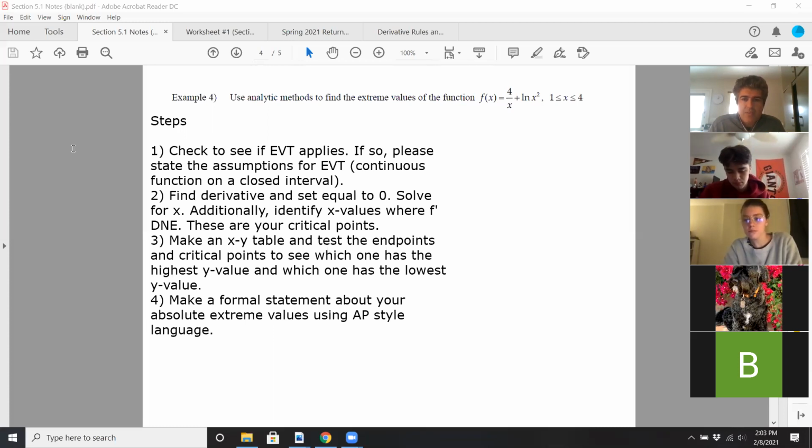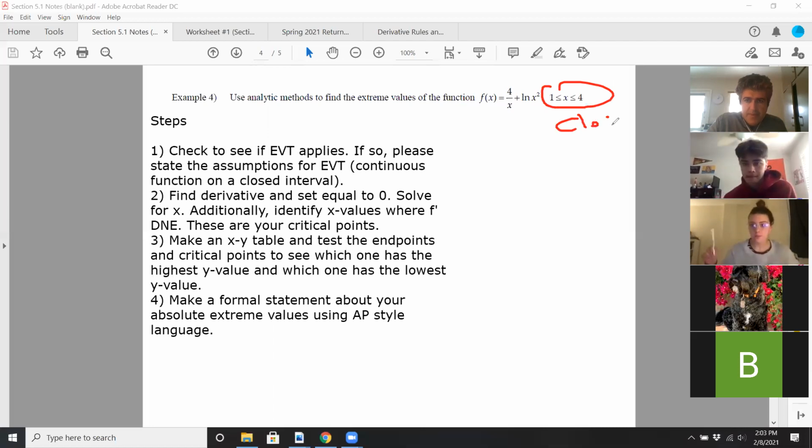So how do you check to see if it applies? Make sure you're continuous on a closed interval. How do you know if it's continuous? Graph. And closed, it's obviously closed, because it equals 1 and 4. How do you tell if it's continuous?